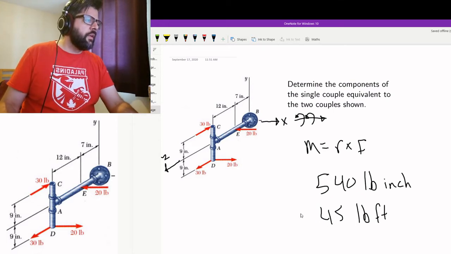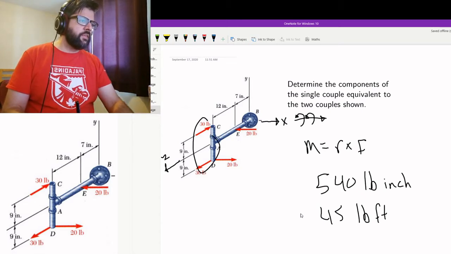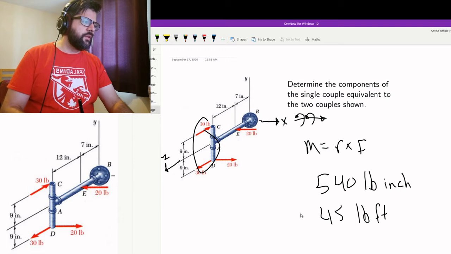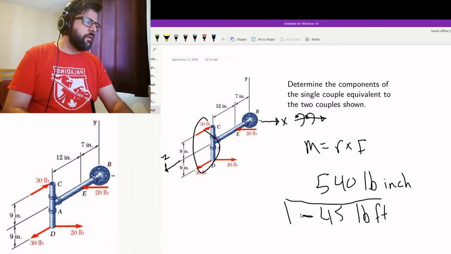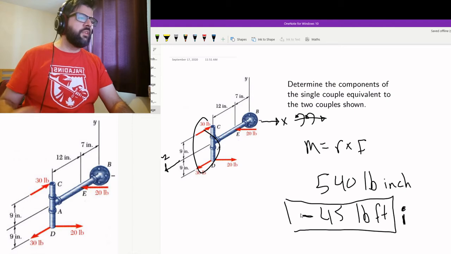So the moment caused by this is going to be a negative 45 pound-feet i moment right there.